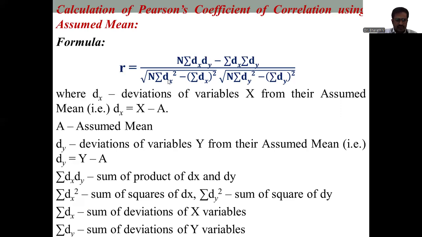This is for x and this is for y. When we are using an assumed mean, this is the formula we need to use.